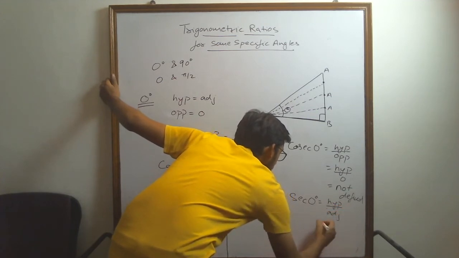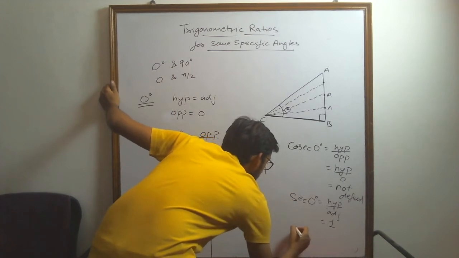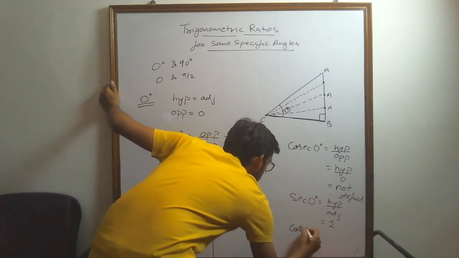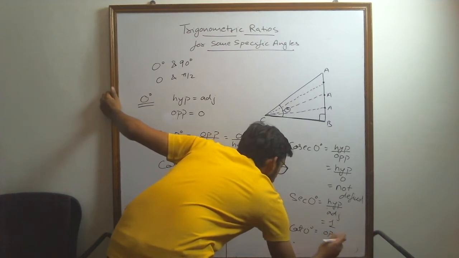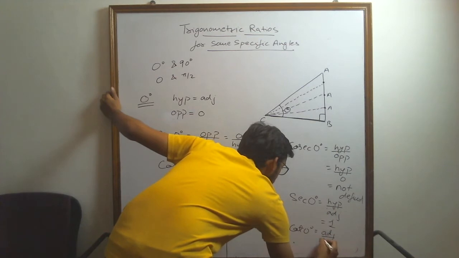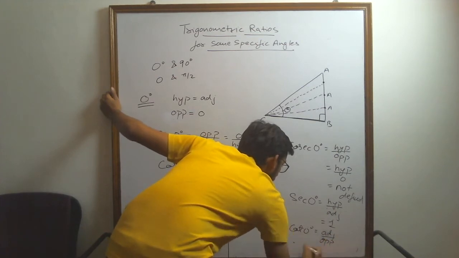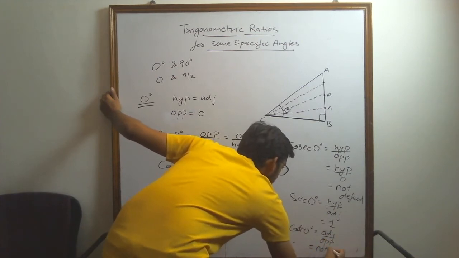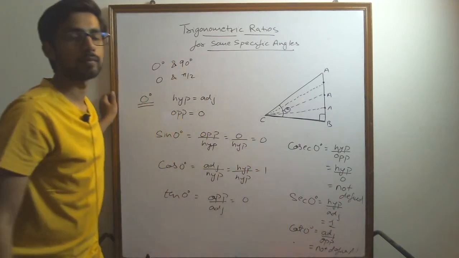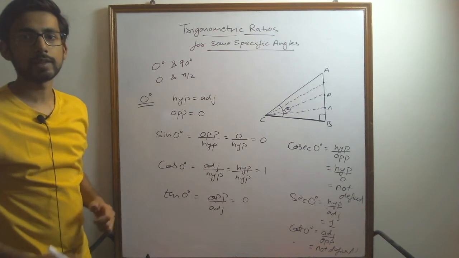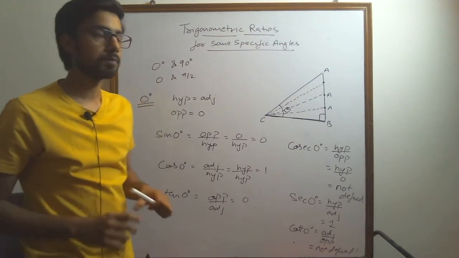Since adjacent is equal to hypotenuse, this is equal to 1. And cot 0 degrees is equal to adjacent upon opposite. Since opposite is equal to 0, this is also not defined. So this is about 0 degrees.